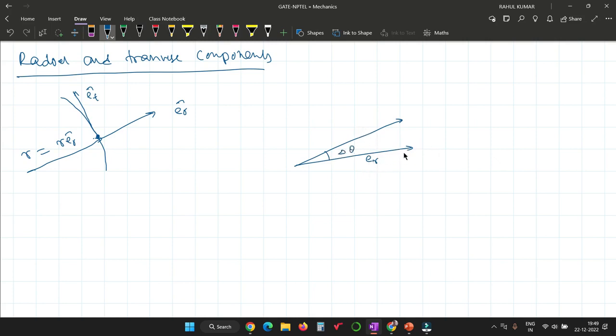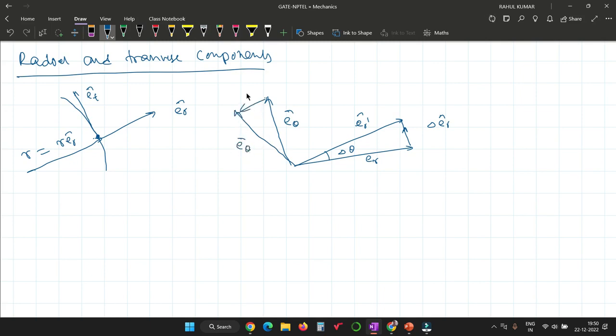Initially er is in this direction, and after traversing by angle theta, er becomes er dash. So this vector is nothing but delta er. And the perpendicular of er is e theta, and by rotating delta theta it becomes e theta dash.